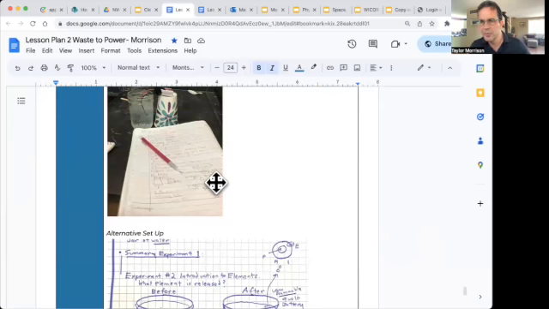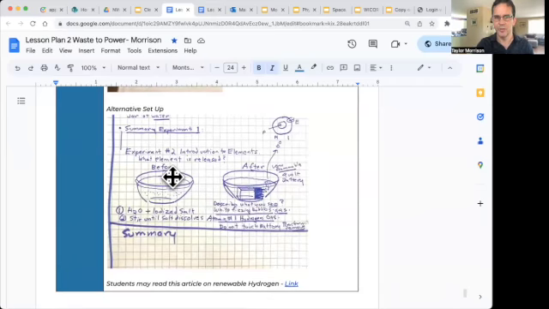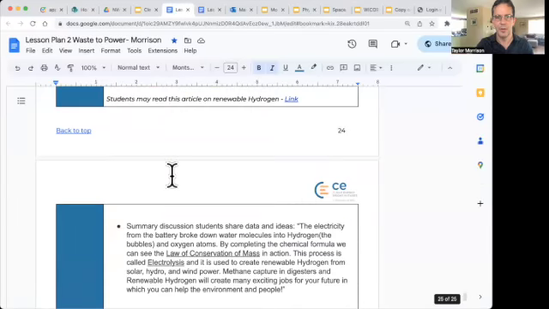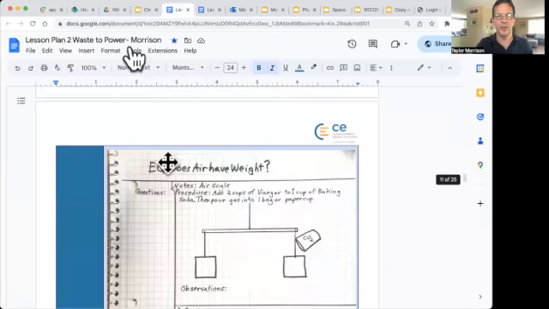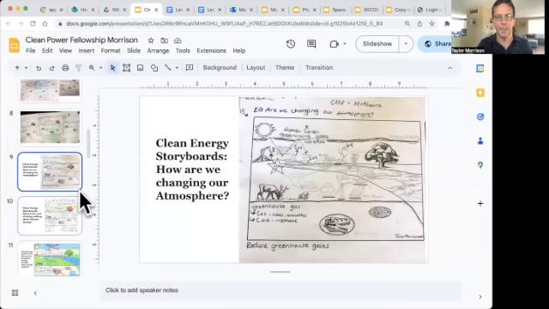We don't just copy notes. We make observations, we have discussions, we try to have polite disagreements about things that you may think happened or didn't happen. And so we're really teaching them to be observant. There's another way that you can do hydrolysis with a battery and salt water. All right, so that's lesson 2.